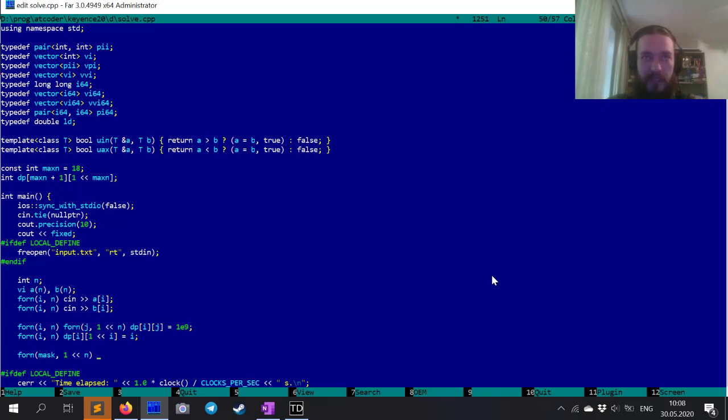It's important that the order is exactly this, because otherwise we could reach some of the states before all the transitions leading to the states were resolved. So something like this. Now let's figure out what the next position is.